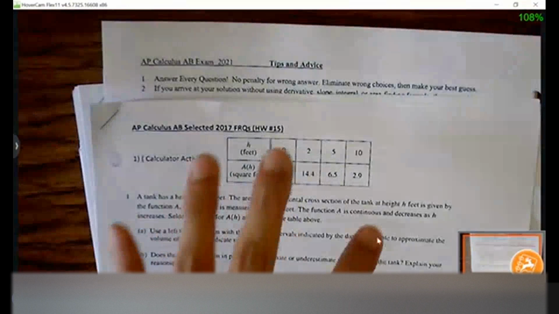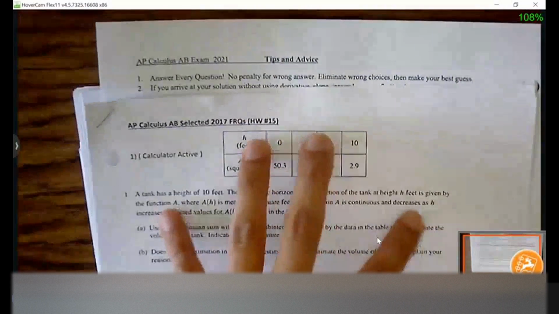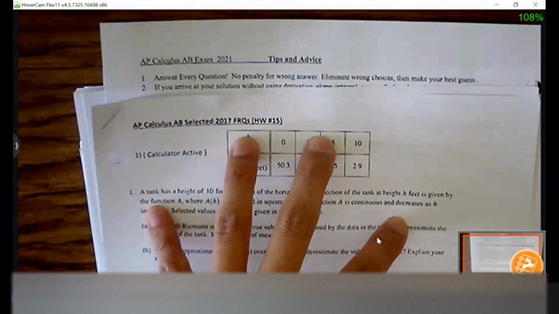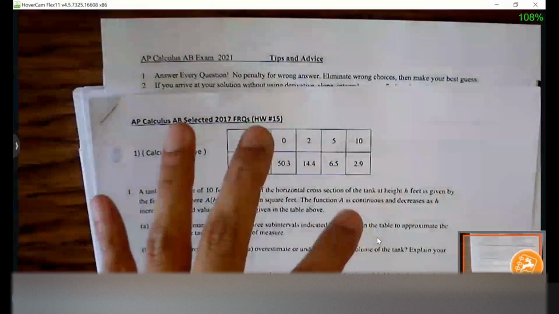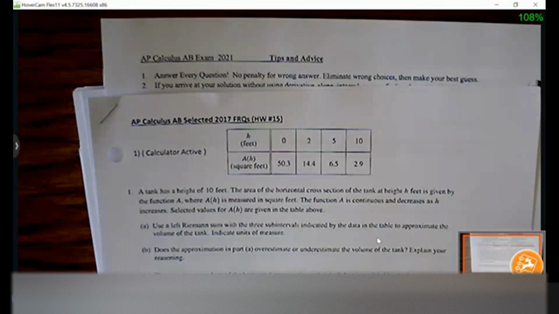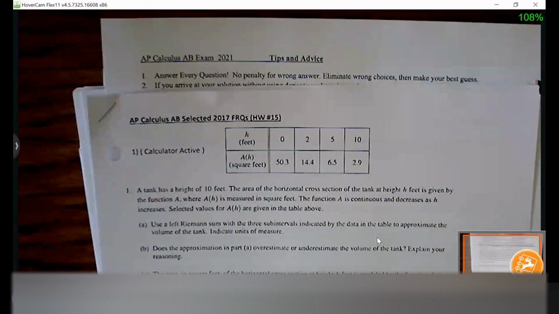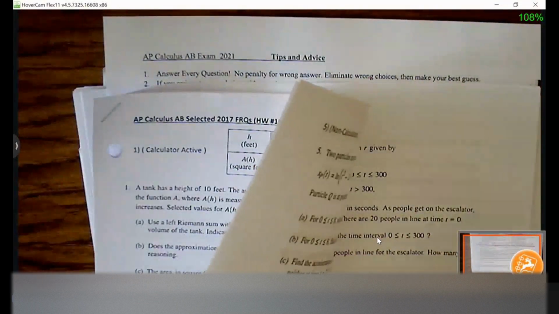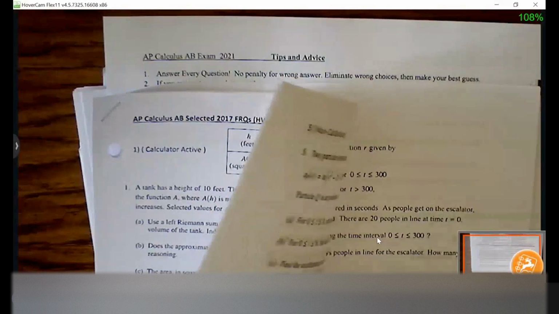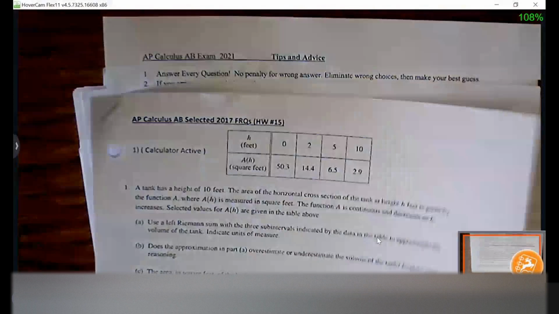So if you have time over the weekend, please do these. I worked them out in detail. I'll have a help session Monday afternoon and Monday evening to help answer any questions. You can also reach out to me, take a photo of problems that you're stuck on, and I'm happy to help you. So I encourage you guys to do homework 15 and 16 earlier than Tuesday so that you can get that additional practice that I really want you to have.